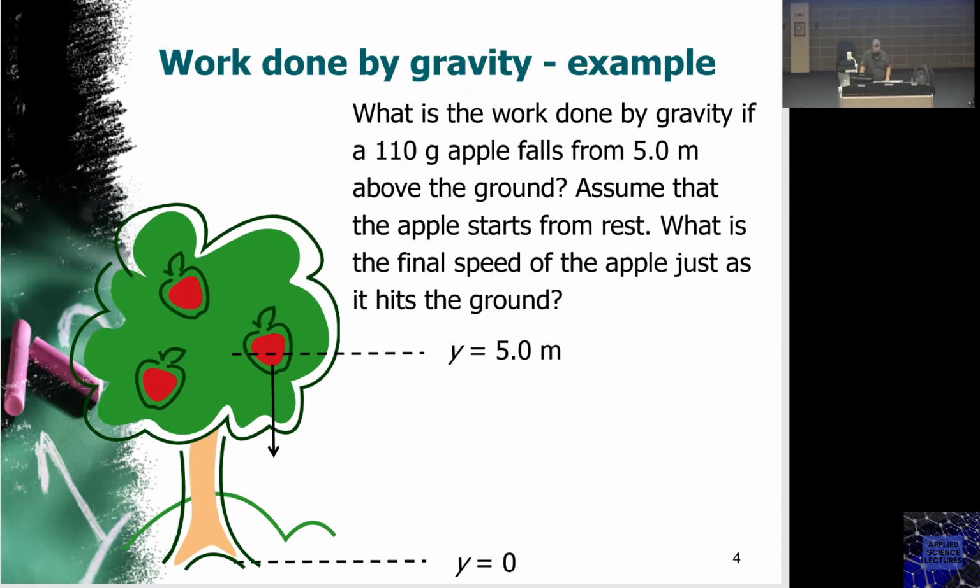What is the final speed of the apple just as it hits the ground? This is another example where we could use kinematics to find the speed, but this time we want to use the work energy theorem. We need the final speed.